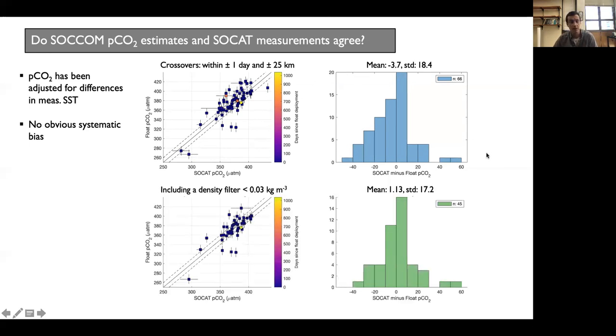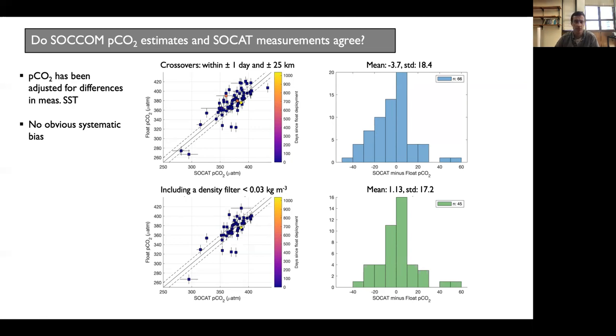Now, if I include a density filter and remove any data outside of a 0.03 kilogram per meter cubed threshold, then this mean drops down to around 1 microatmosphere. So very small and maybe even a little bit better than had been previously found, but still with a huge range.